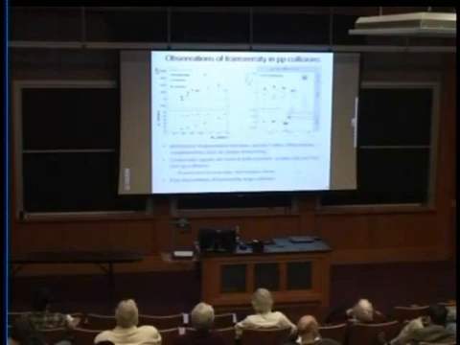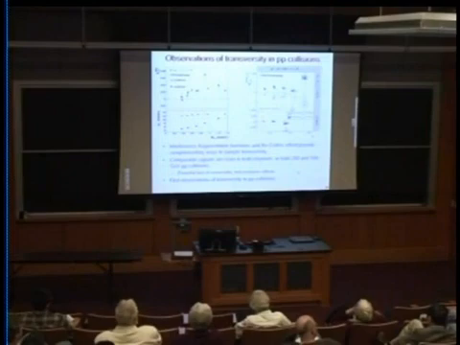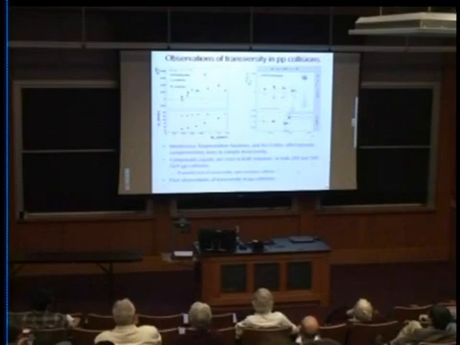Well, just last fall, at the same conference where STAR and PHENIX showed the first 500 GeV results, STAR showed the first observations of transversity in pp collisions. These are the so-called interference fragmentation functions measured at 200 GeV in black and 500 GeV in red. These are the Collins effect for pi plus and pi minus.